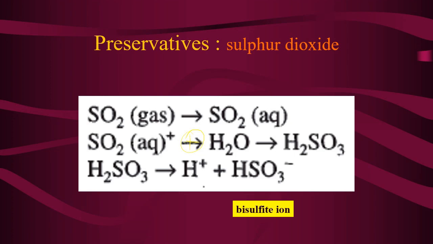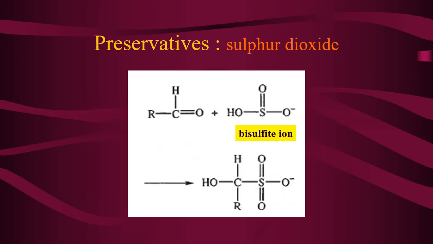This sulfurous acid will dissociate to give you hydrogen ion and also bisulfite ion. Then the bisulfite ion will react with the ketone or aldehyde to give you addition compounds.